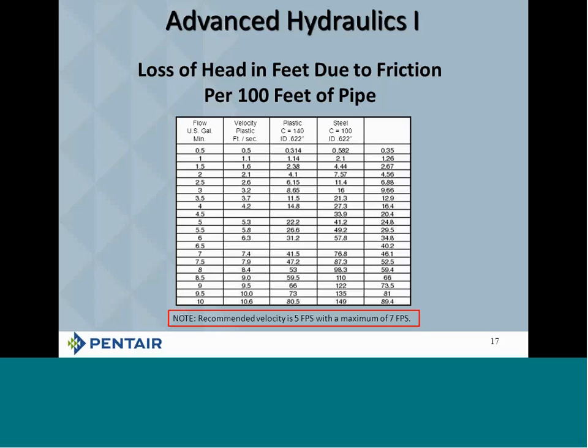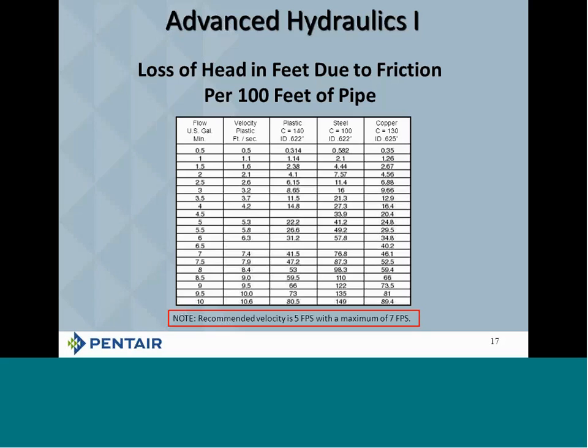The next column says steel pipe, has a C value of 100 with an ID of 6.22. And the third one has copper pipe with a C value of 130 and an ID of 6.25. So because those IDs are the same, the velocity, as far as we're concerned, is going to be the same. You won't be able to notice the difference in them.